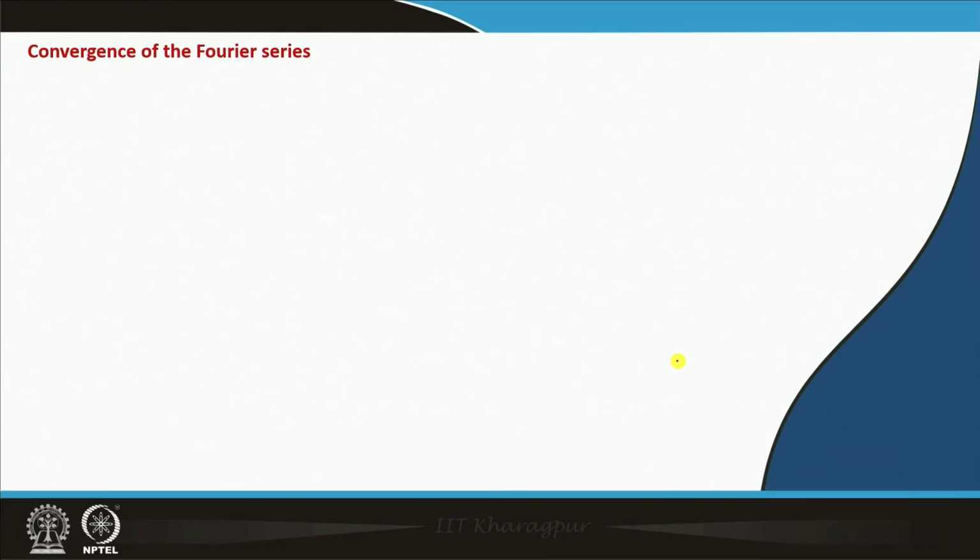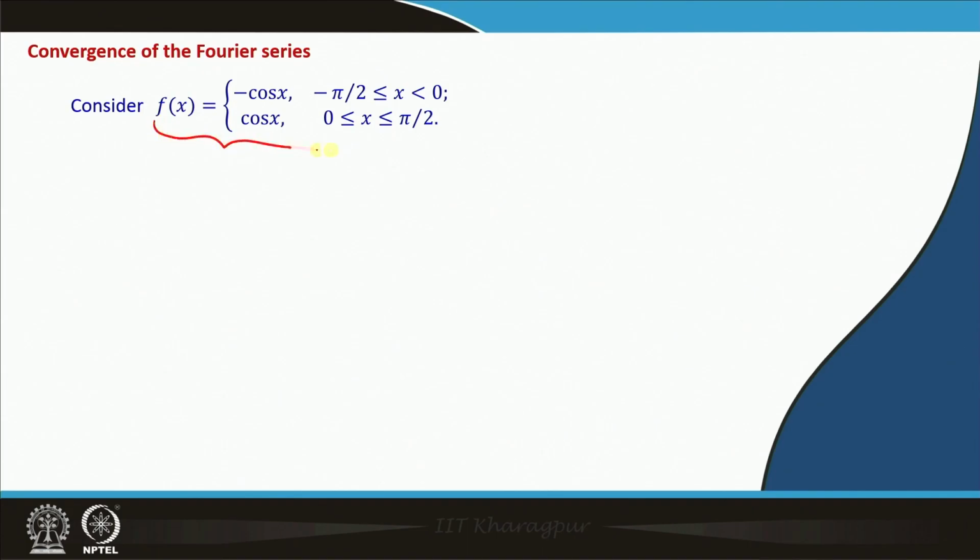So, again, if we for instance consider such a function f x, which is given as minus cos x in the region minus pi by 2 to 0, and then cos x in the region 0 to pi by 2. If we take this as pi by 2 and this as minus pi by 2, then from 0 to pi by 2 it is cos x.